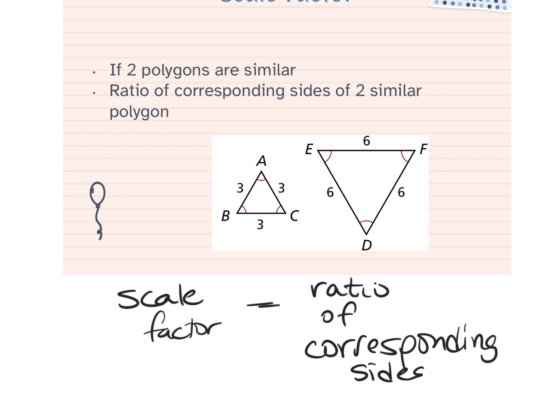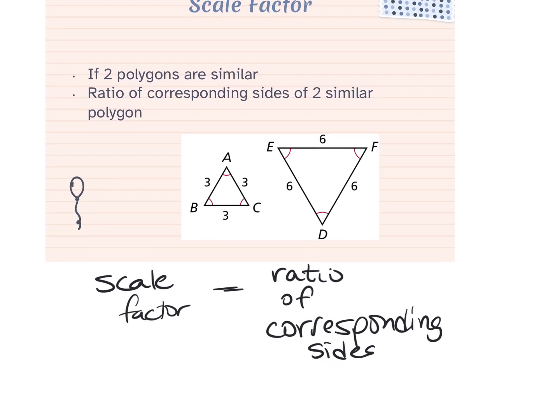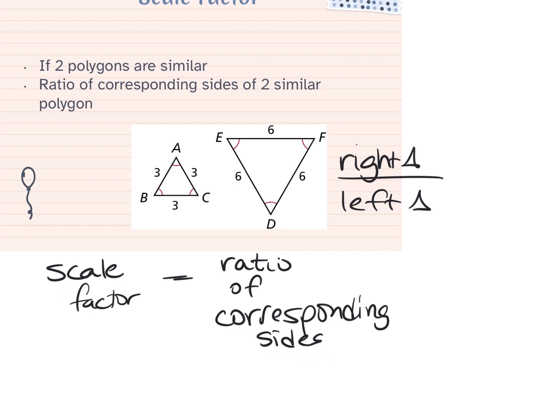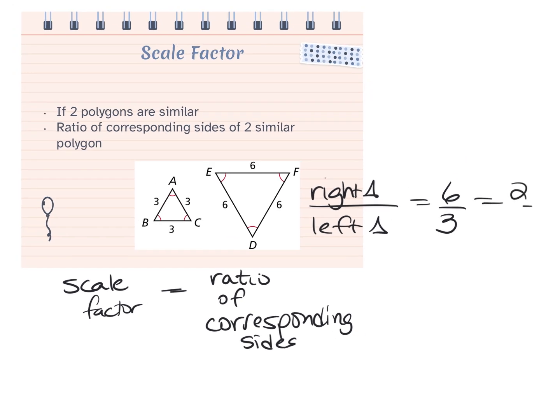So in order to find the scale factor, we need to take the new figure, which is usually the one on the right. So we're going to take the right triangle's numbers and put them on top of the left triangle's numbers, and then simplify. So 6 over 3 simplifies 2 to 1. So my scale factor is equal to 2.